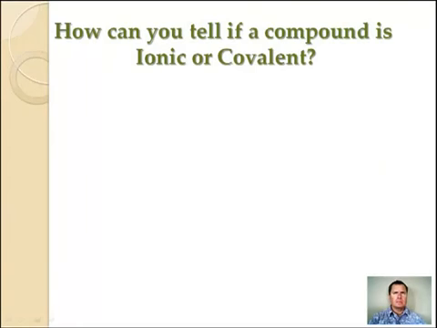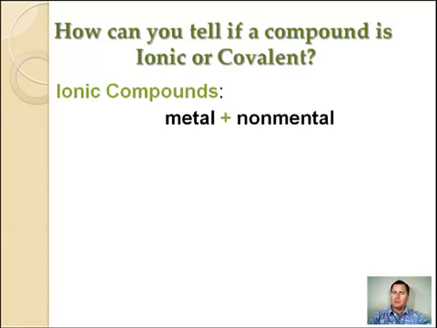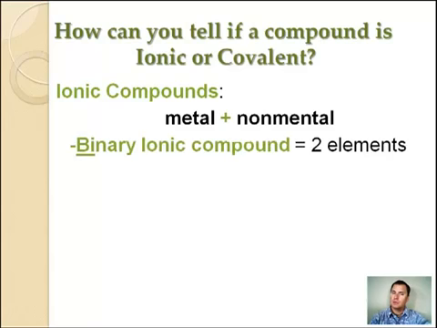So how do I know if something's going to be an ionic bond or covalent bond? Well, it depends on where the atoms come from. What groups in the periodic table do they come from? So ionic compounds are going to be between a metal on the left-hand side and a non-metal on the right-hand side. When I say right-hand side, I'm talking of that metalloid, that diagonal line. Okay, and what we're going to start talking about today is binary ionic compounds.